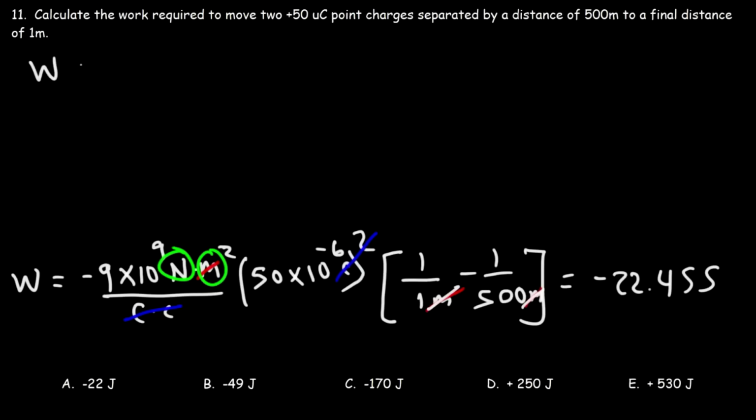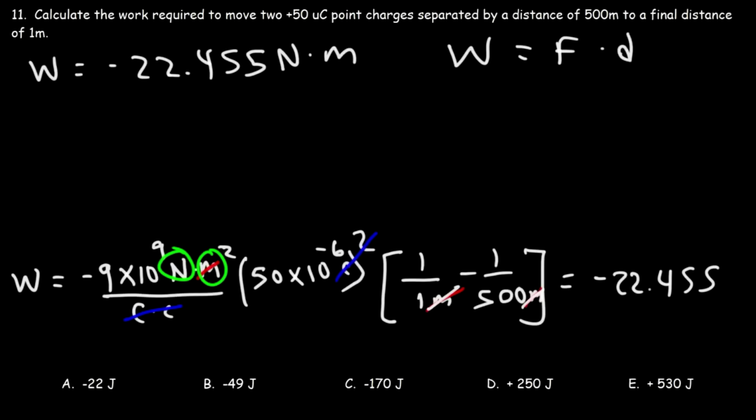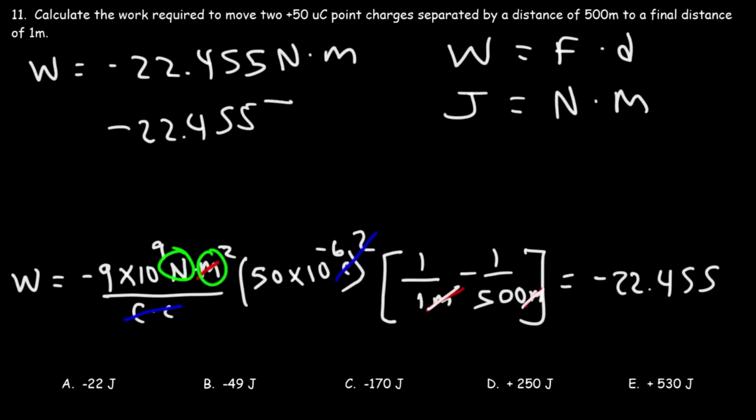So right now our answer is negative 22.455 newton times meters. Now recall that work is equal to force times distance. Force is in newtons, this distance, or displacement rather, that's the more accurate description of this formula, it's displacement. Newtons times meters is equal to the joule. So we could say this is negative 22.455 joules.